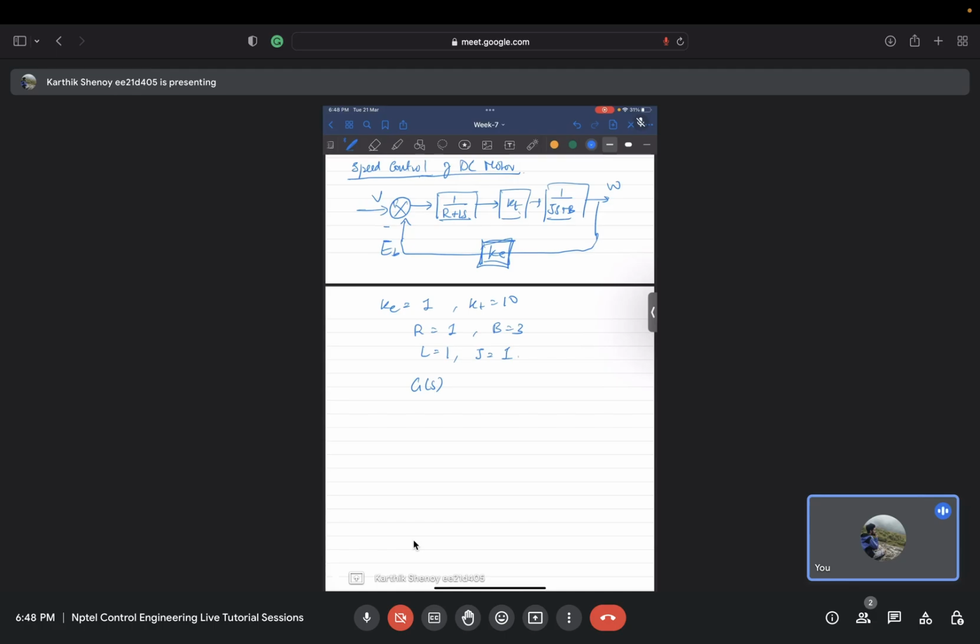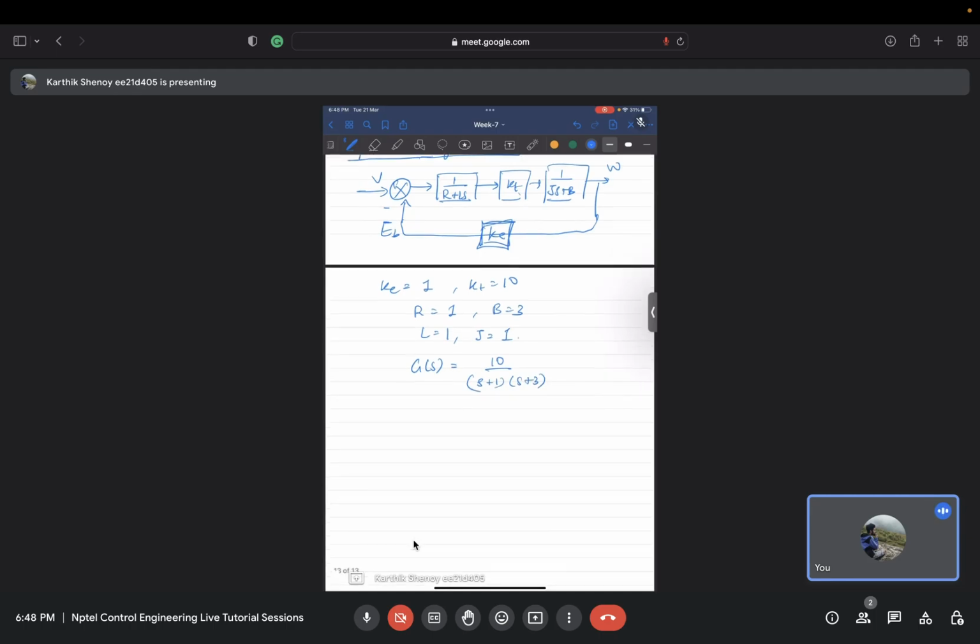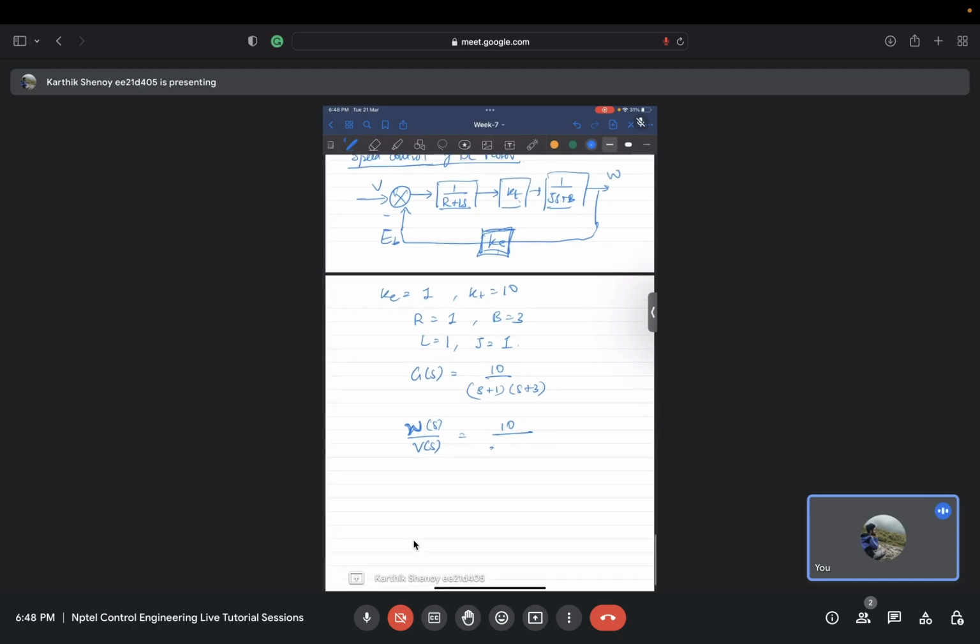My G of S will be equal to 10 by (S plus 1)(S plus 3), and my overall transfer function, omega of S by V of S, with K equal to 1, just a unity feedback, will be 10 by S squared plus 4S plus 13, since 10 plus 3 is 13, correct?